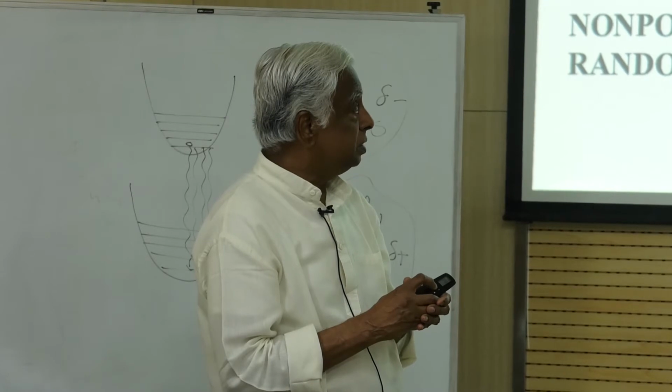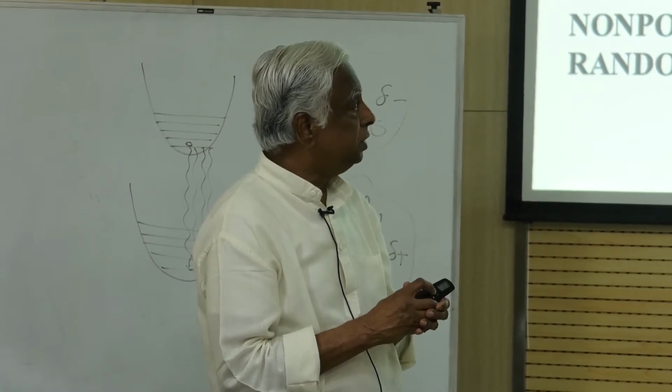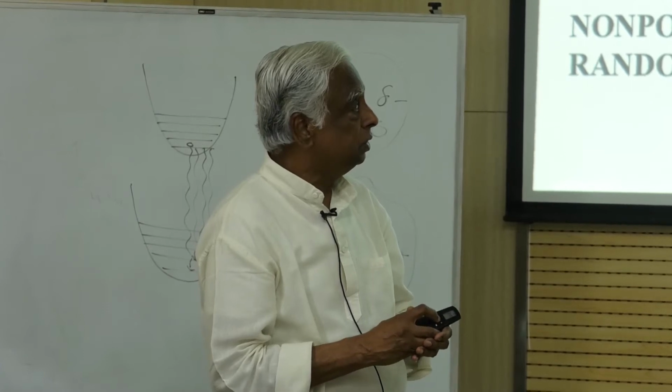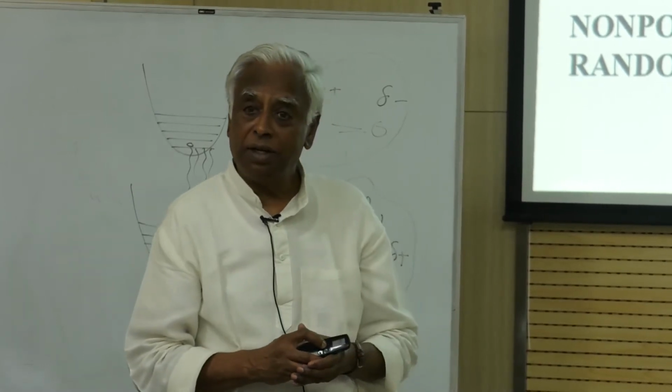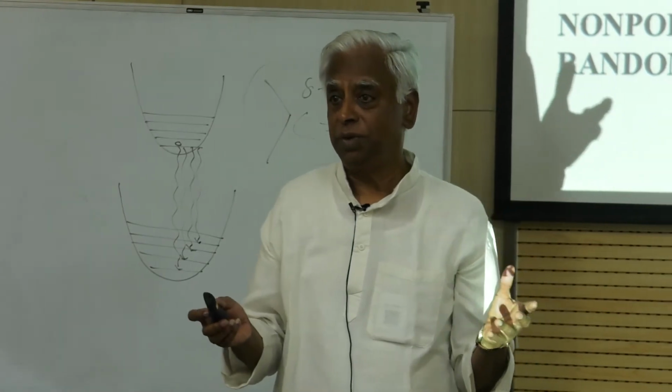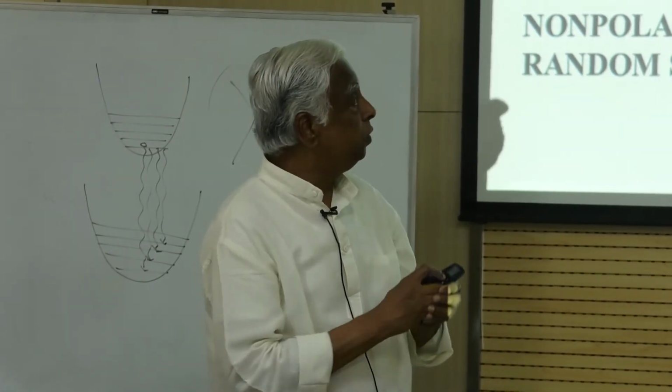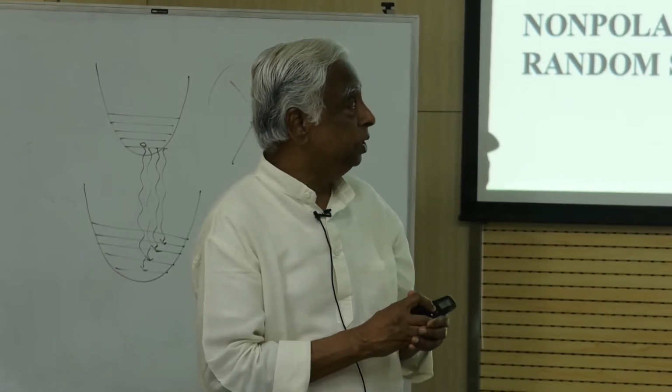But what will happen is the solvents will slowly readjust to this minus charge, and this side is going to go like that. But that is going to stay only for a fraction of time, because this molecule is going to go back to the ground state.